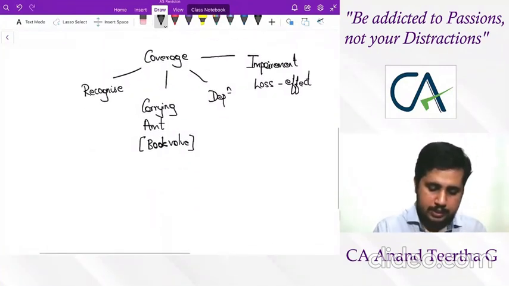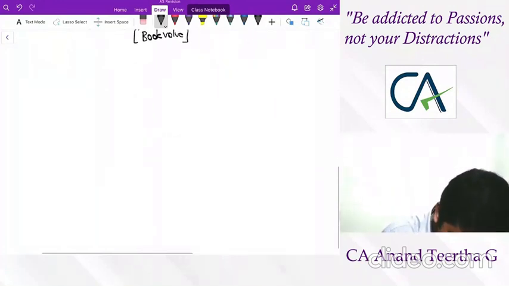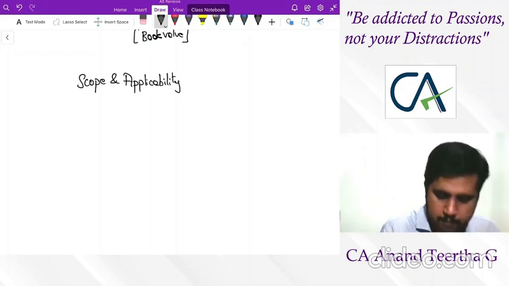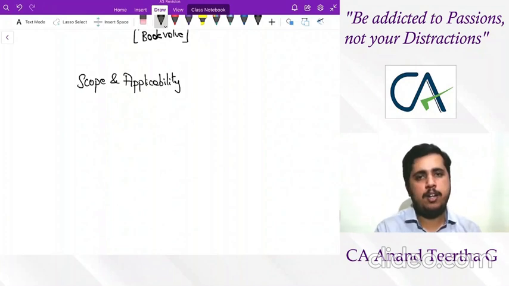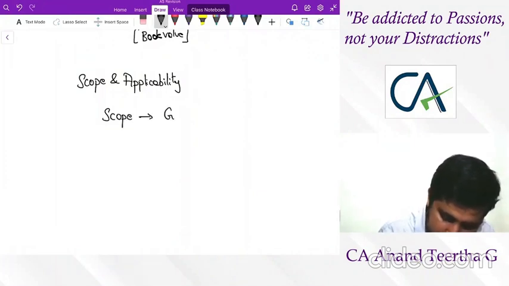Now, the first requirement of property, plant and equipment is, what is the scope and coverage? Or I would say scope and applicability. What is the scope and applicability of this particular standard? Now, first, when it comes to scope, the point to be remembered is, this is a general accounting standard.